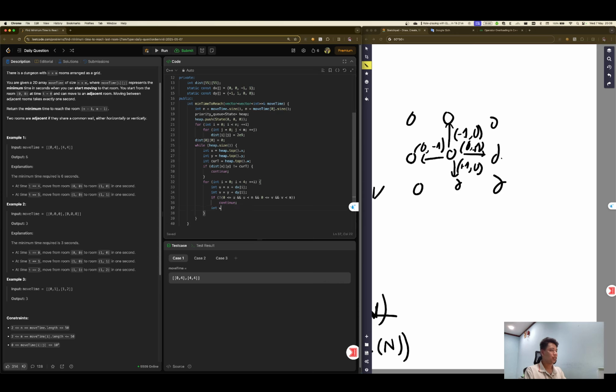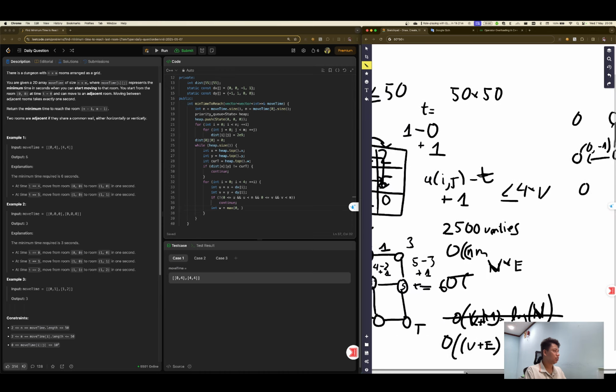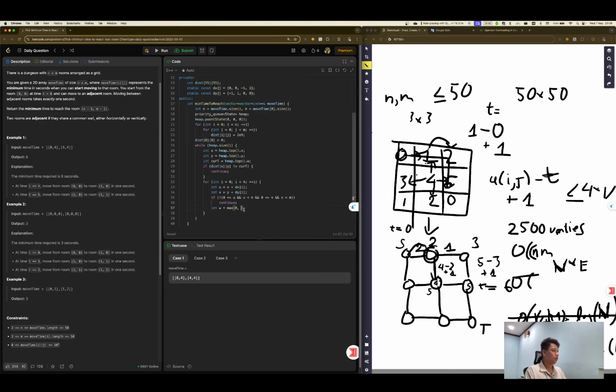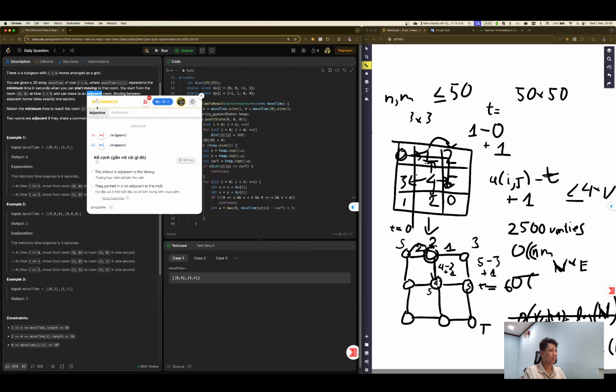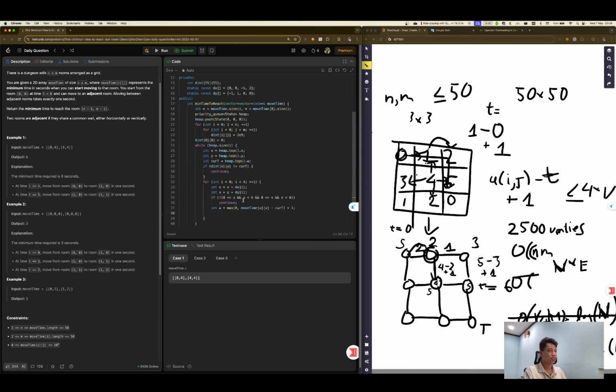The weight is the max of the move time of the next cell minus the current time, as I said before, and plus 1 because we need a second to move between two adjacent rooms.